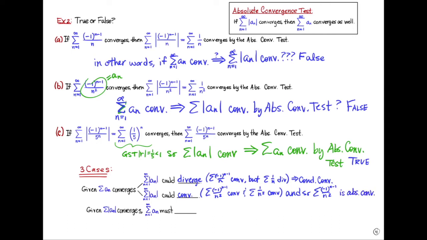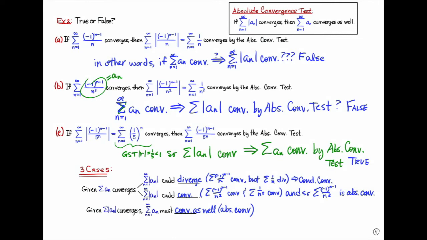Now, if you started with the absolute value of the terms and you knew that converged, then by the absolute convergence test, you know that the sum of a sub n must converge as well. And so again, this would be absolute convergence.